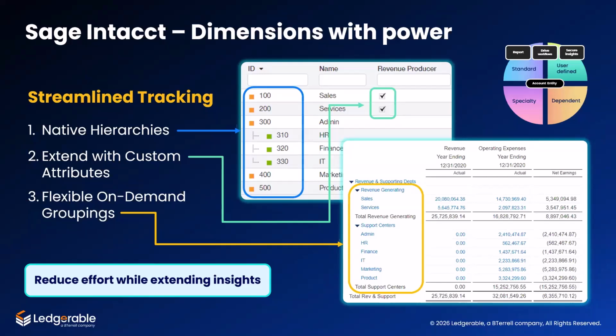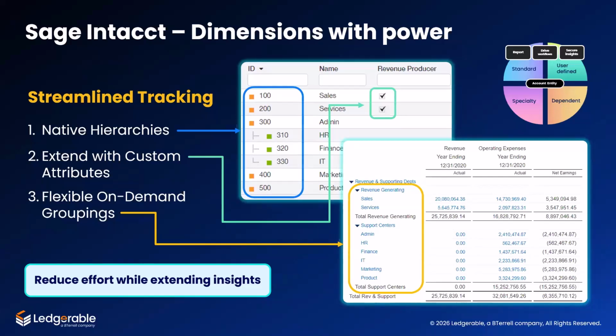You'll note that applying the attribute, sales and services are grouped under revenue generating in the revenue and support report on the bottom right. You can also create custom groups for different views. A custom group for revenue and supporting departments was created for the report as shown in the orange rectangle.